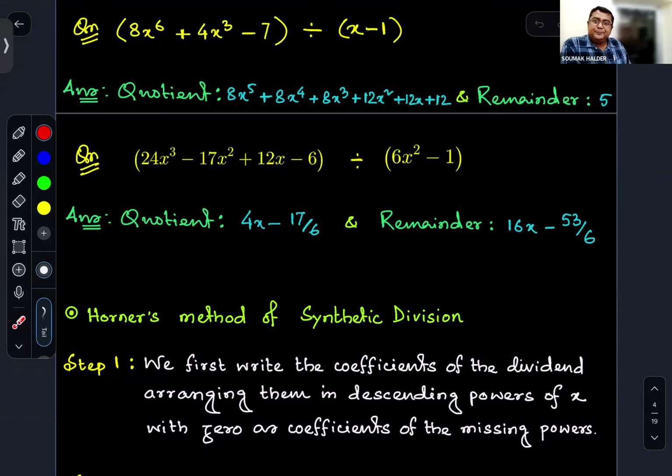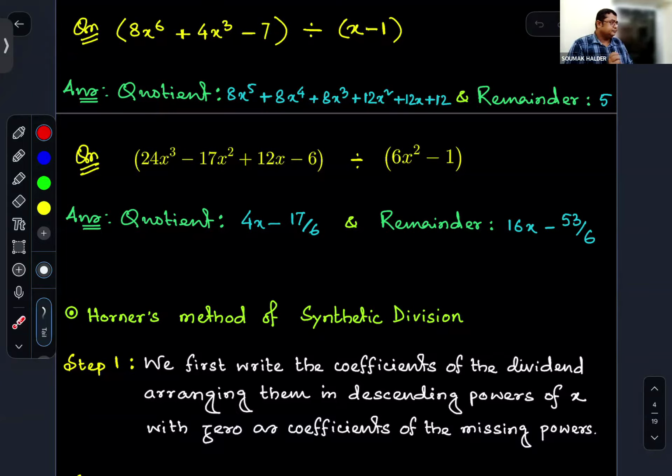Step 1 says we first write the coefficients of the dividend, arranging them in the descending order of powers of x, with zero coefficient to be marked for the missing degree terms.